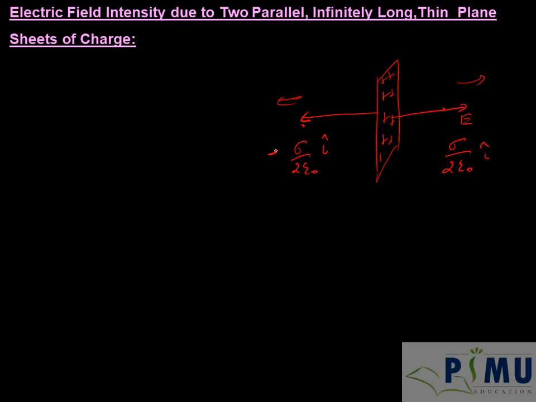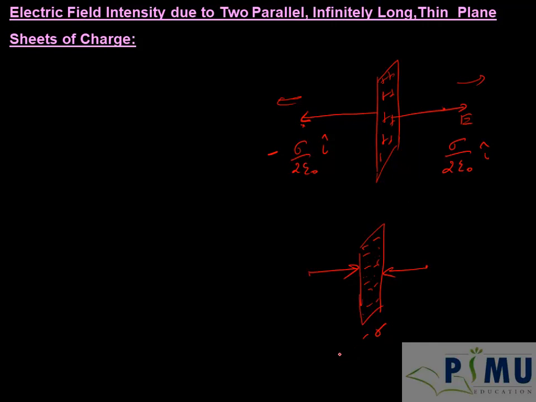Likewise, if it is a negatively charged infinite plane sheet of charge, then the electric field will be directed towards the sheet. Here also it will be directed towards the sheet if it was negative charge density.